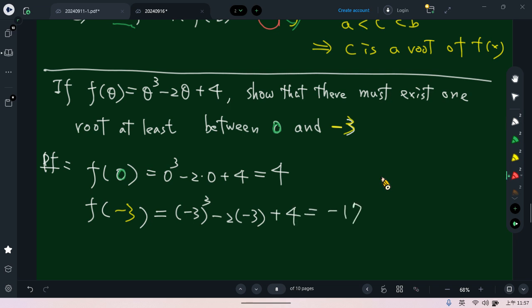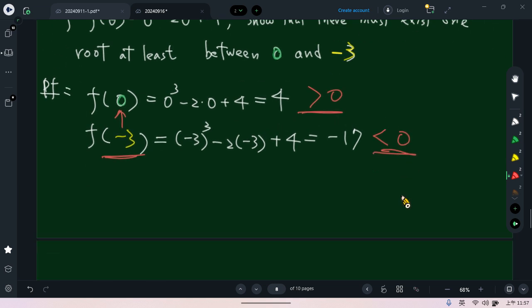So this is positive, this is negative. From positive to negative, some number must exist between -3 and 0 causing the function value to be 0, right?